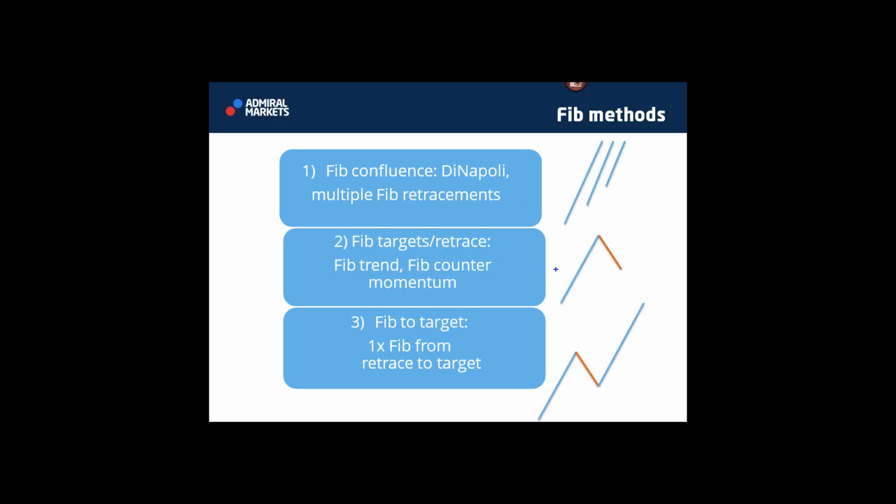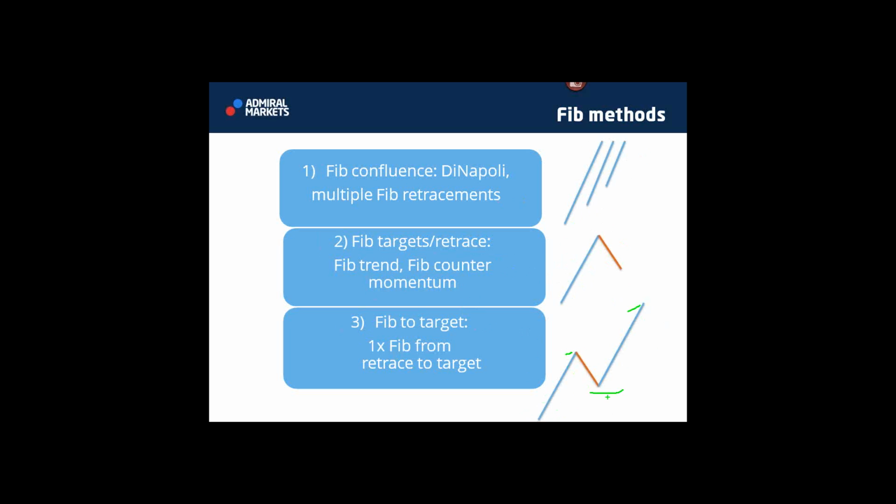The second strategy is using the fib on one with the trend and one counter trend to look for targets to trade with the trend. And the third strategy is not using multiple fibs but only one fib, only changing the fib once you've hit the target. So there are different ways to fib.